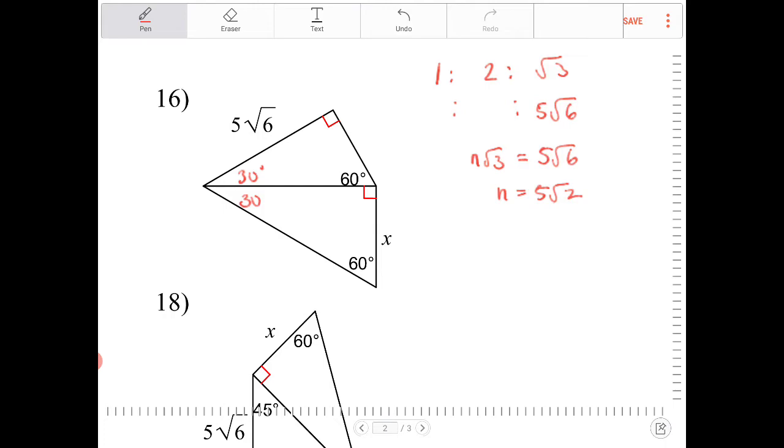So both 1 and 2, what am I multiplying 1 and 2 by? 5 radical 2, and 10 radical 2, multiplying by 5 radical 2 apiece. So that means this will be 5 radical 2, and this will be 10 radical 2. So now 10 radical 2 corresponds with radical 3.